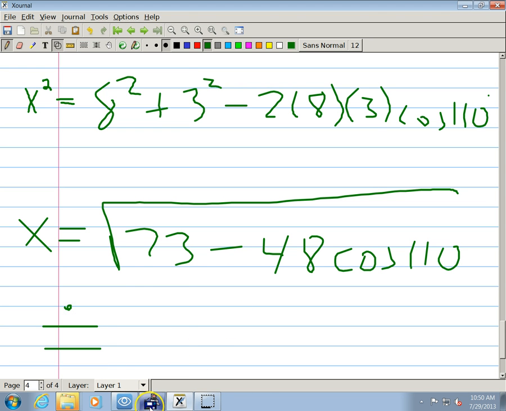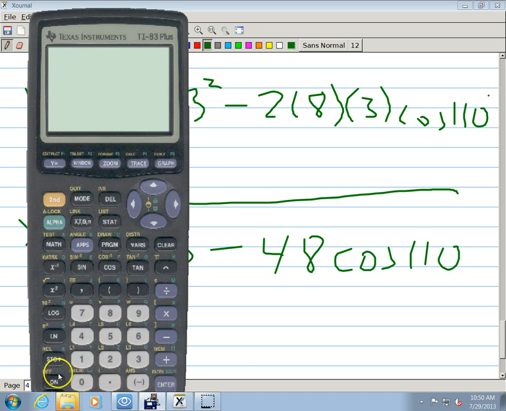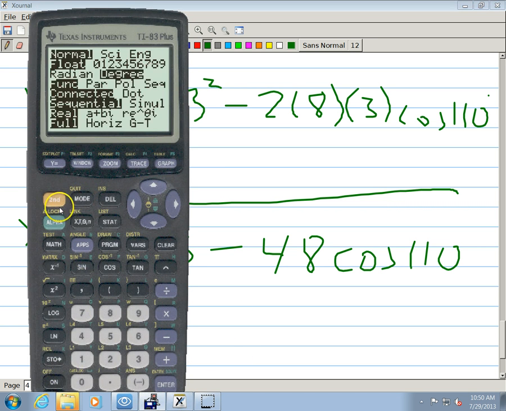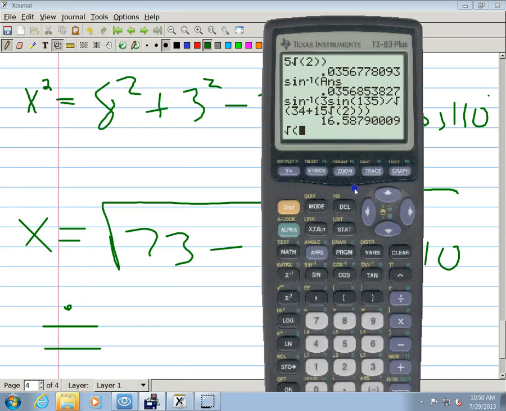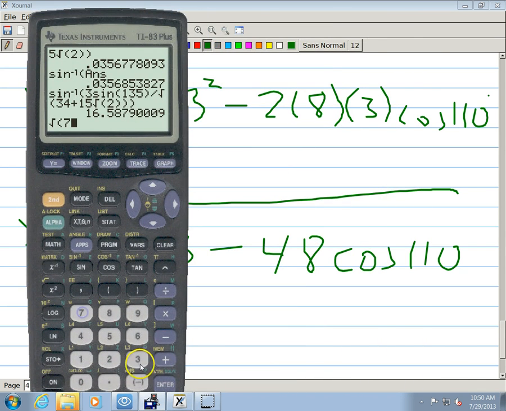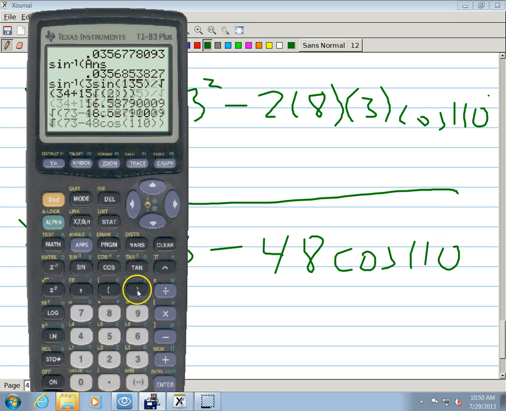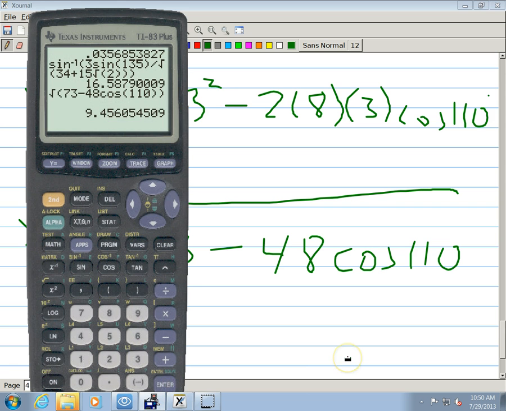Well, let's see. On the calculator, it's 73 minus 48 cosine 110. Now, I'm in degree mode, right? Okay, so I can use the cosine 110. Square root of 73 minus 48 times the cosine of 110. And you get 9.456 units, whatever they are.